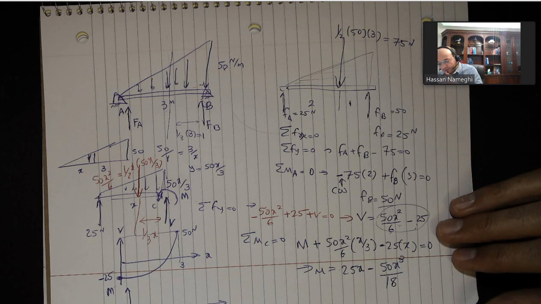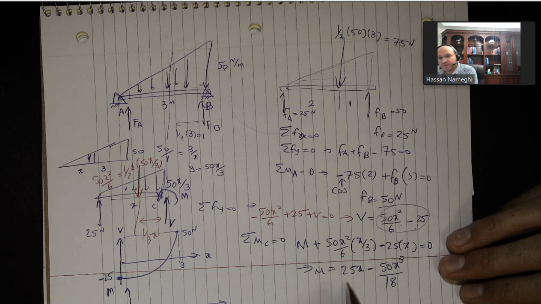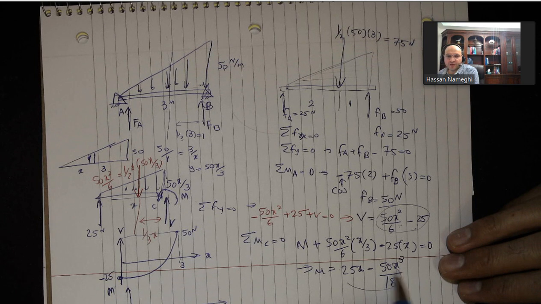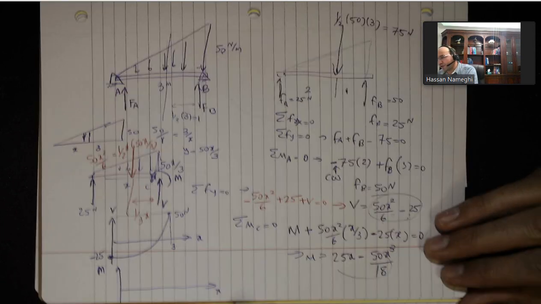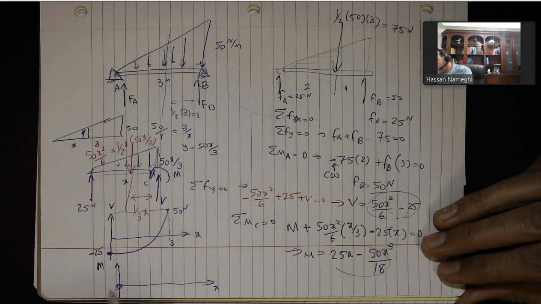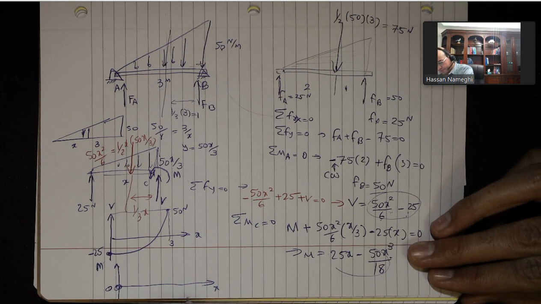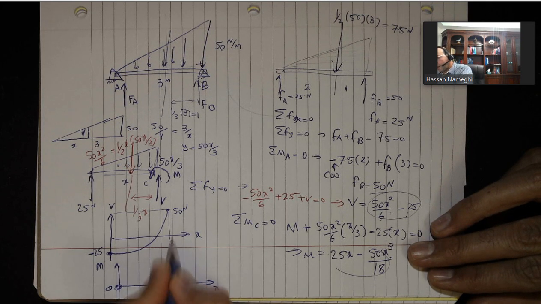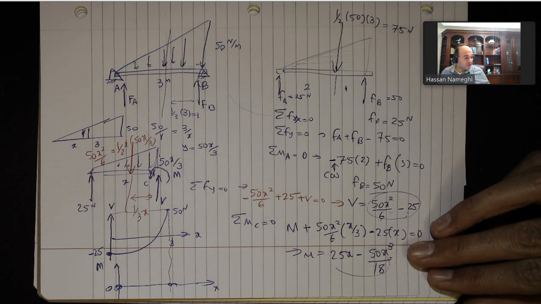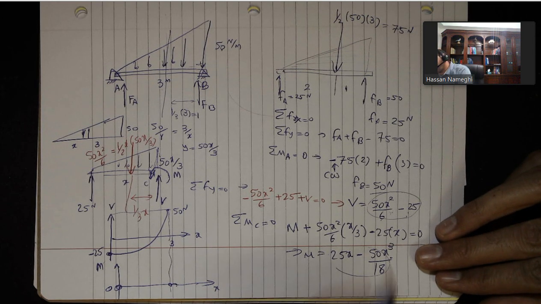The other one is for the bending moment. Bending moment is this equation. It's a little bit hard to draw because this is a cubic equation. Again, you can use a graphing calculator, or there are different ways to do that. If I put 0, I'm going to get 0. If I put 3 in this equation, I expect to get 0.